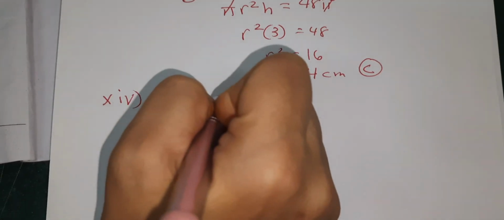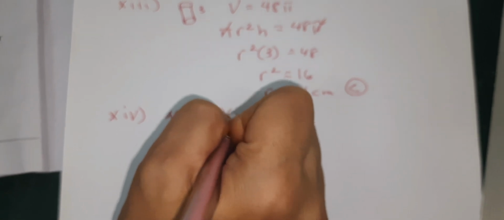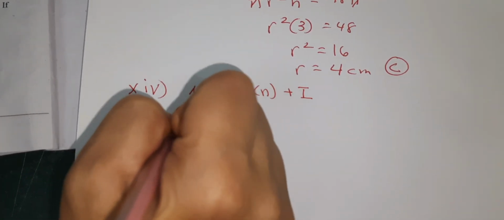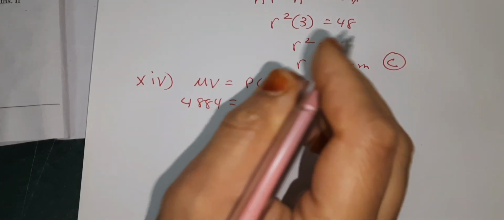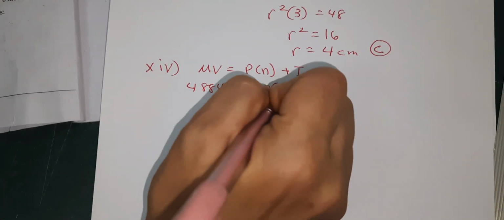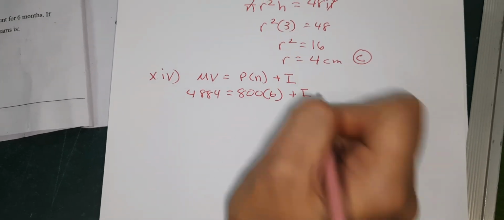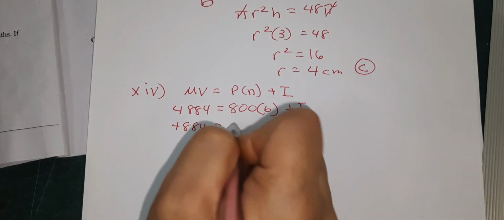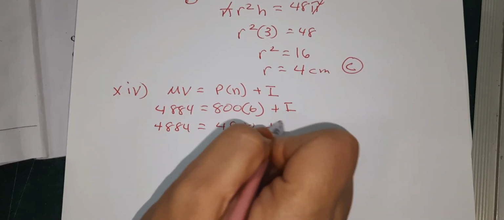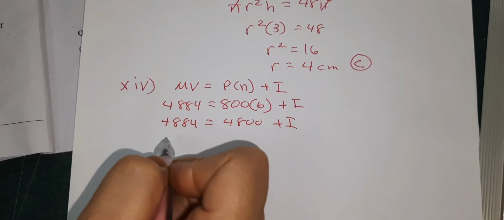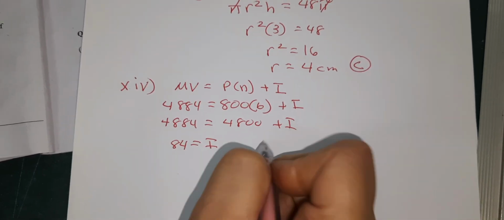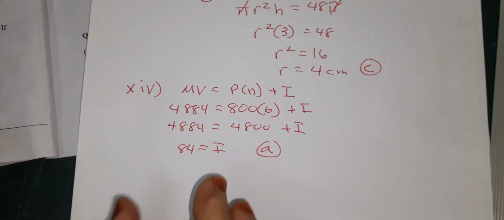So we know our maturity value is equal to principal into n plus I. Our maturity value, they said, was 4884. Our principal is 800 per month for 6 months. So what's the interest? Simply multiply and subtract. So 4884, that's 4800 plus I. If you subtract the 4800, obviously you will get interest is 84. So that is option A.